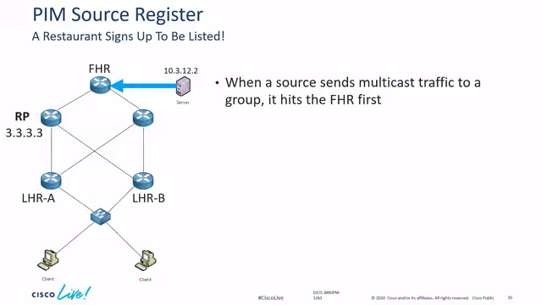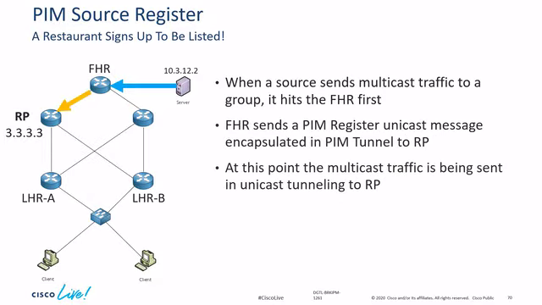The front of the house router is going to want to register its menu with our RP hub, if you will. So the first hop router will take this multicast traffic that it's receiving. It will establish what's called a PIM tunnel or unicast tunnel through the network towards the rendezvous point that's been configured.